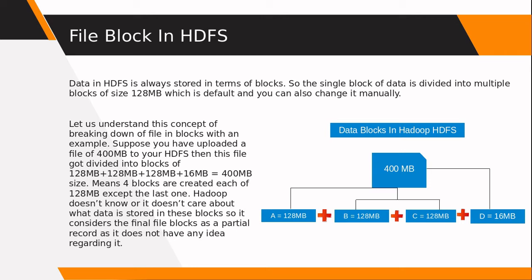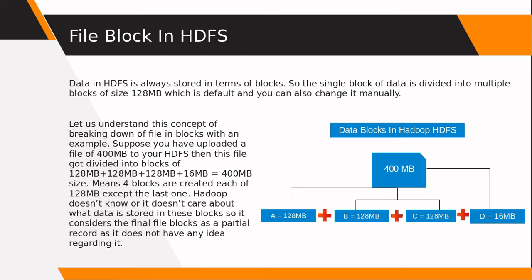Let us understand this concept of breaking down the file in blocks with an example. Suppose you have uploaded a file of 400 MB to your HDFS, then this file gets divided into blocks of 128 MB plus 128 MB plus 128 MB plus 16 MB.